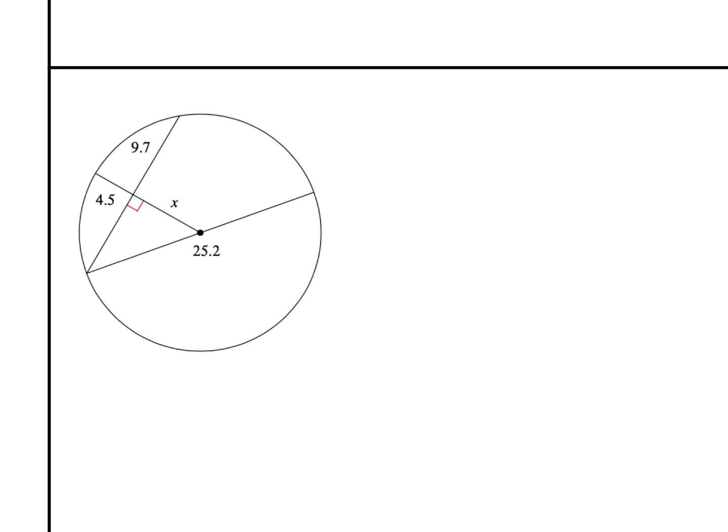So in here, what we can see is that they're asking me the measurement of x, which is part of a radius. This 25.2 is the size of the whole diameter. So 25.2 divided by 2 is going to give me 12.6.